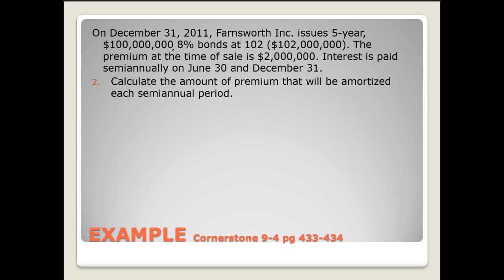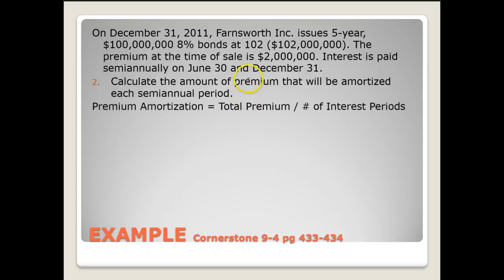So, what will be the amount of premium that's amortized every semi-annual period? Well, just like when we amortized the discount before, the premium amortization will be the total premium amount, which is $2 million, divided by the number of interest periods. Well, how many times will Farnsworth pay interest over the life of this bond?